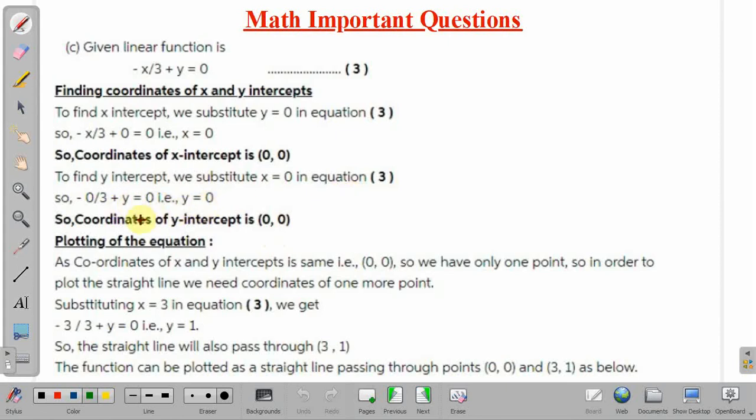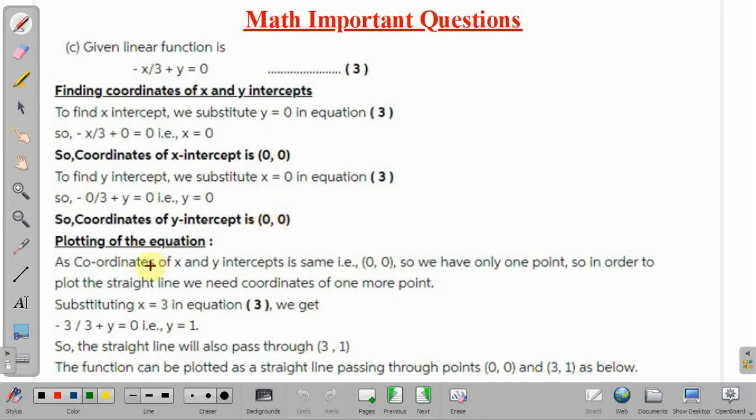So the coordinates of y-intercept are (0, 0) and x-intercept is also (0, 0). So we are getting a single point, the origin. There can be an infinite number of lines passing through this point, so we need at least one more point in order to plot this equation.